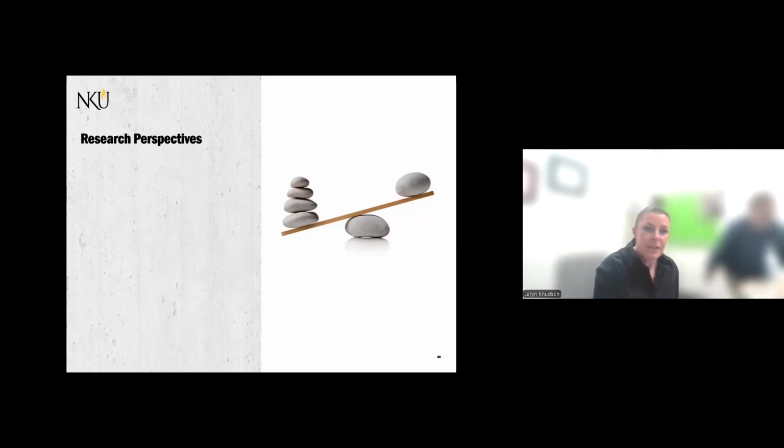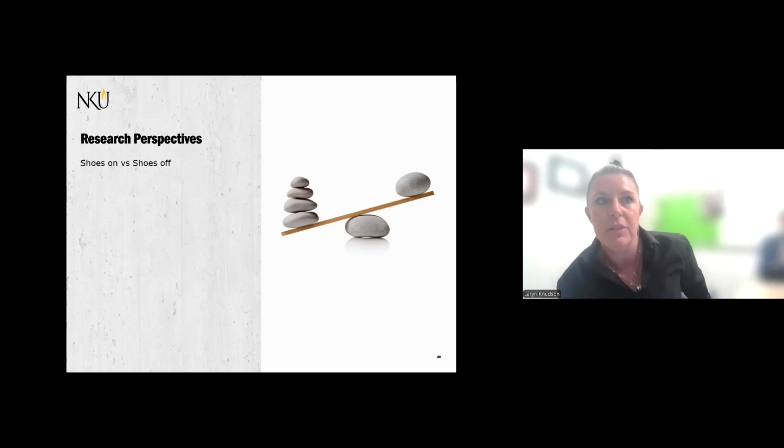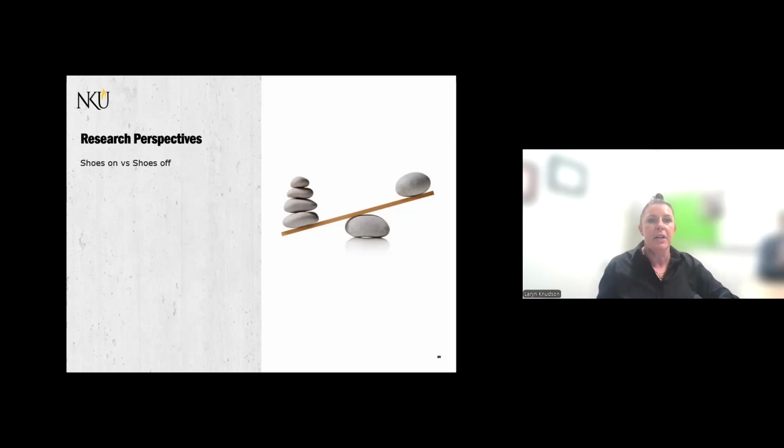Good afternoon. About a year ago we started collecting some data with the participants over at the Senior Center. The 3 major areas that we've looked at so far are part of starting to develop a kind of user guidelines manual that we're putting together. The first one was looking at whether someone should be wearing their shoes or not during balance testing on the KoreBalance.